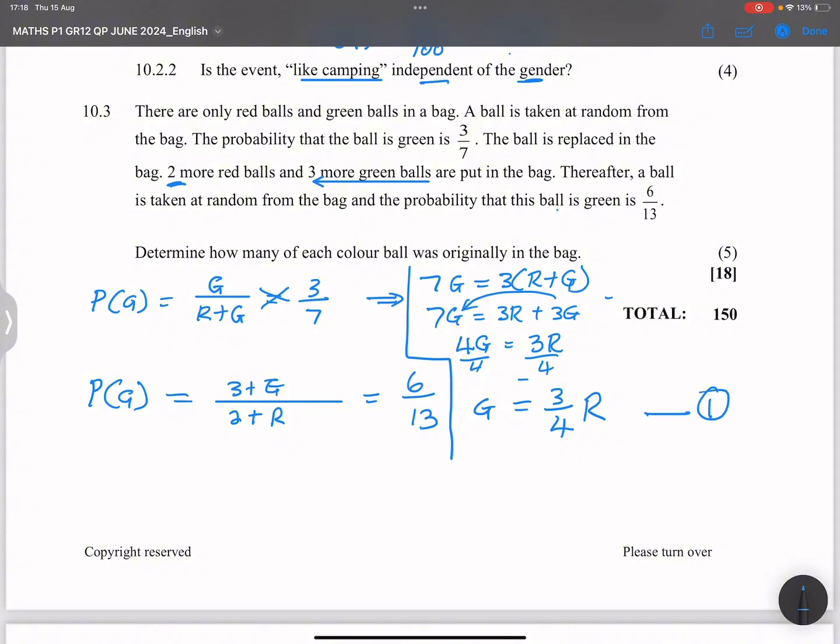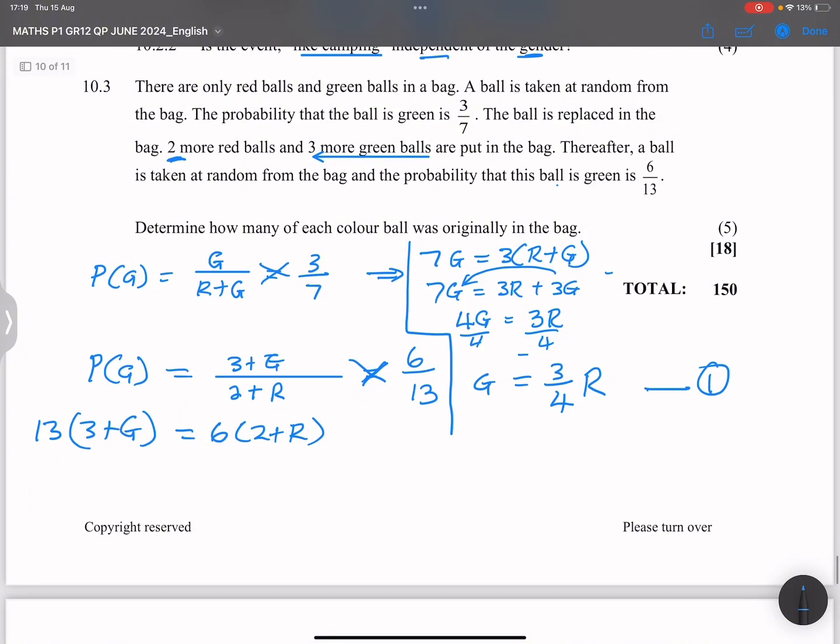Now from the second equation, let's cross multiply that. So what do we have? We've got 3 plus g, divided by 2 plus r, and that would give us 6 over 13. So that means that 3 plus g multiplied by 13 is equal to 6 times 2 plus r.